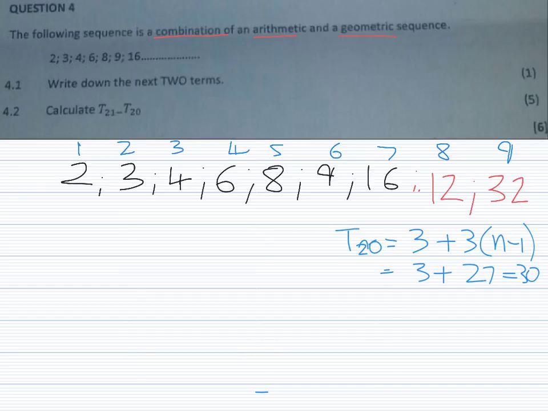If T20 is the 10th term of the arithmetic sequence, then the term after that will have to be the 11th term of the geometric sequence. So we can find the geometric sequence formula. We know that a is 2, and r is of course 2, so Tn equals 2 times 2 to the power of n minus 1.